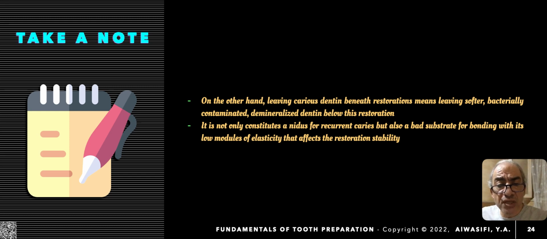But now you said that leaving any doubt of this is a carious dentine, that means that you leave a bomb under your restoration that may explode in the form of recurrent caries and also interfere with proper bonding when you are going to restore the tooth with a bonded restoration. This is true.